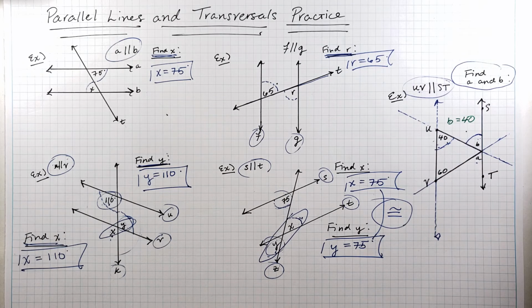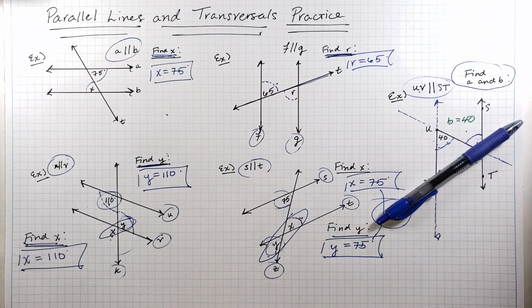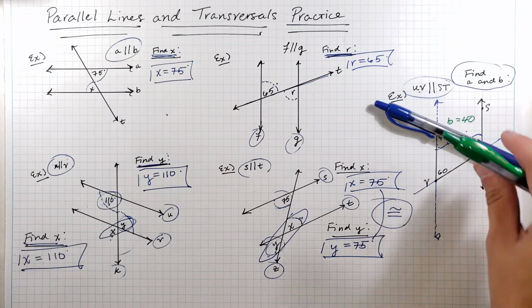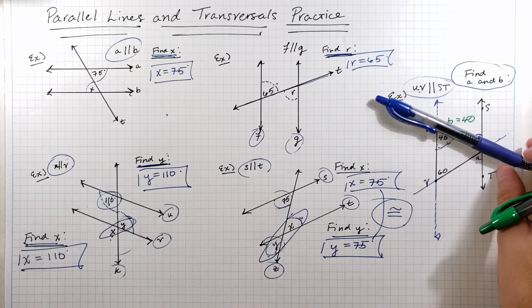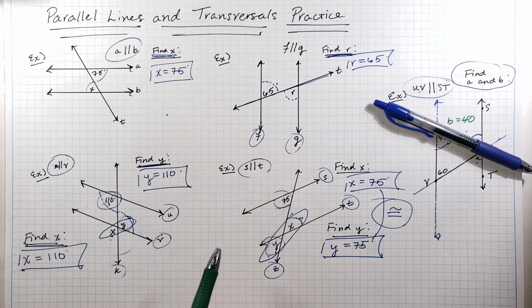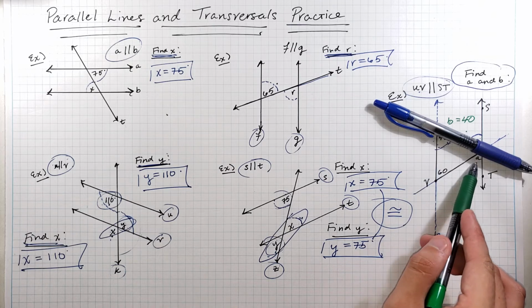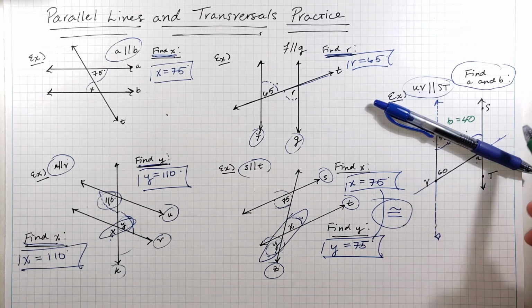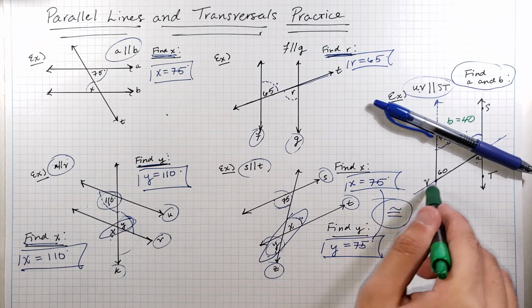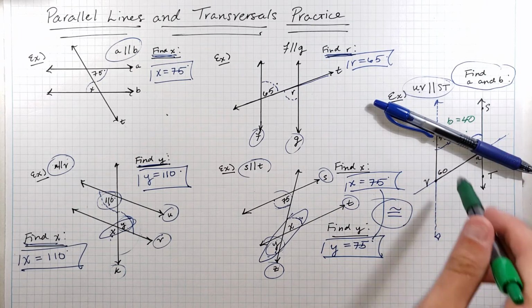All right, and not only can we cover up this line, but now let's cover up this line, right? It might be a little hard to see the A, but the A is right here. And now we have this transversal coming through right here, and these lines are parallel.